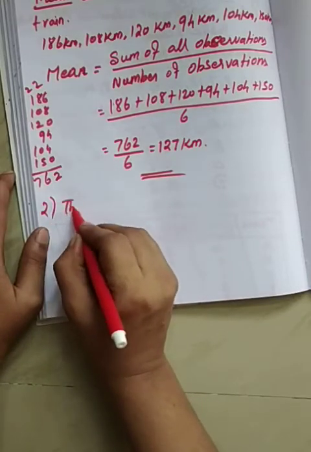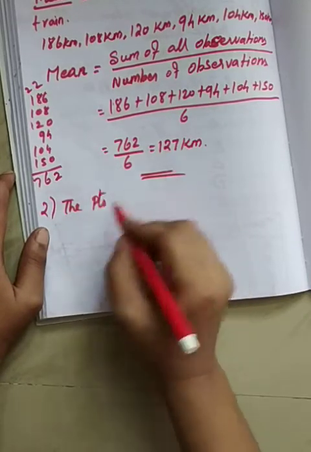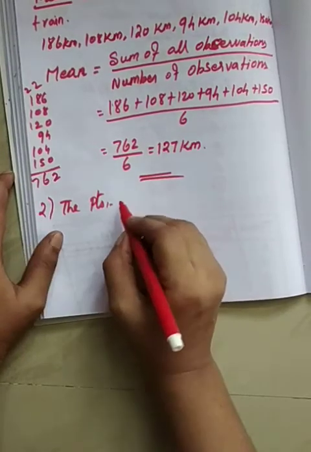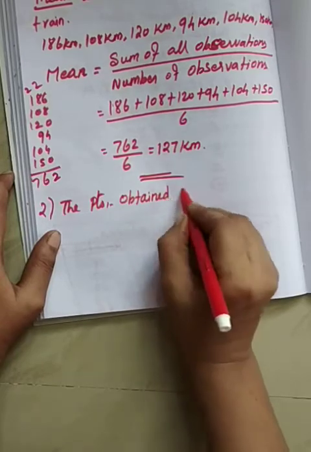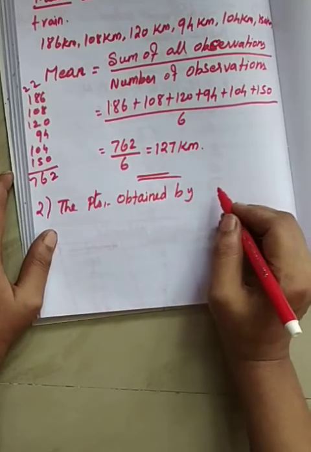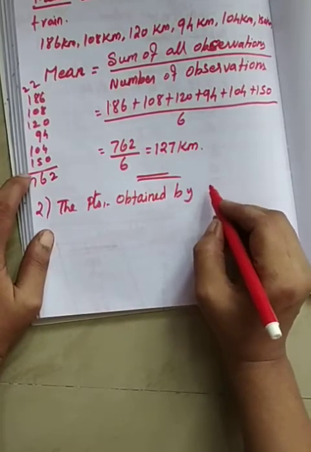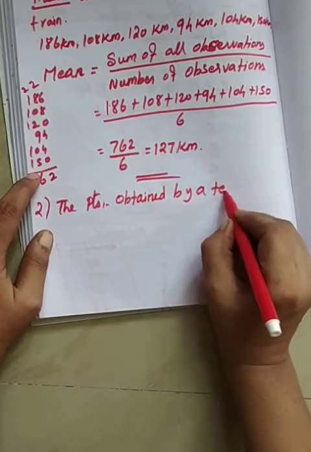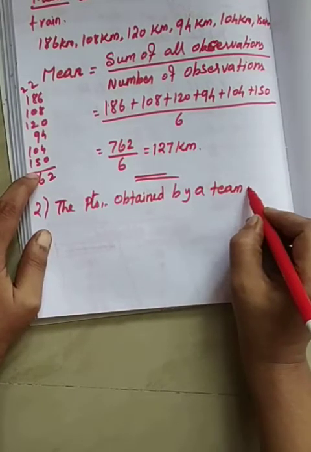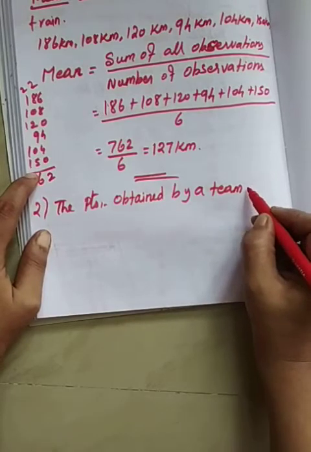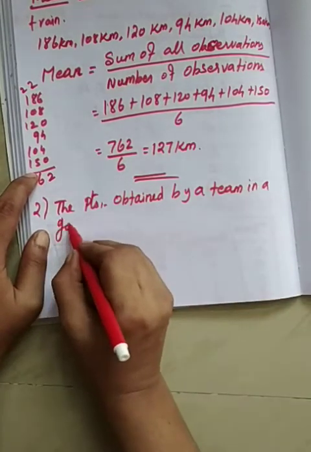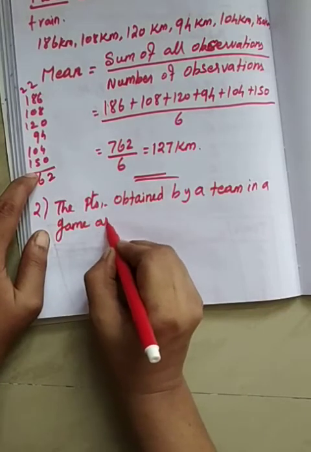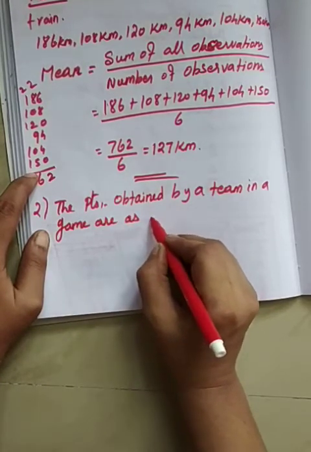The points. This is points obtained by a team in a game, as given here.